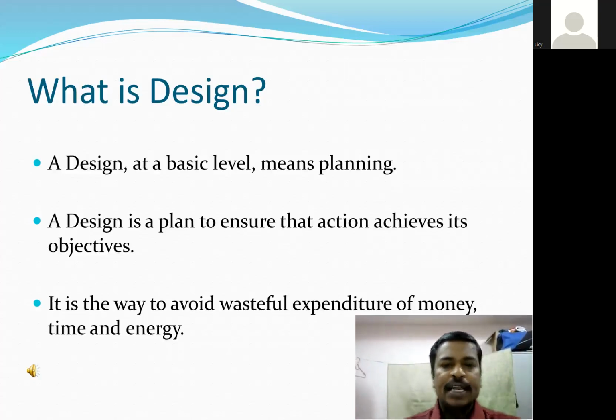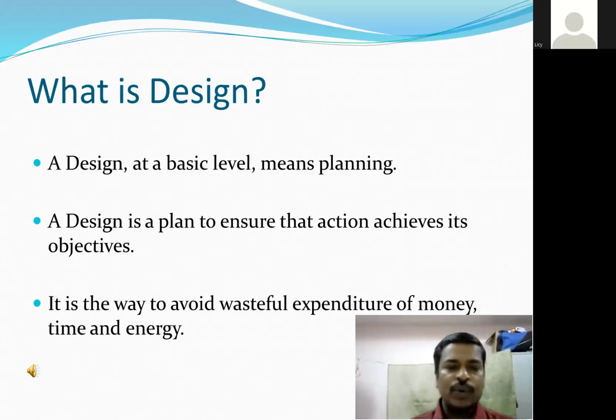So at a basic level, design is planning. We already know what planning means: thinking in advance, or a predetermined course of action. Everything is discussed, framed, or designed before action is taken. That is called planning.